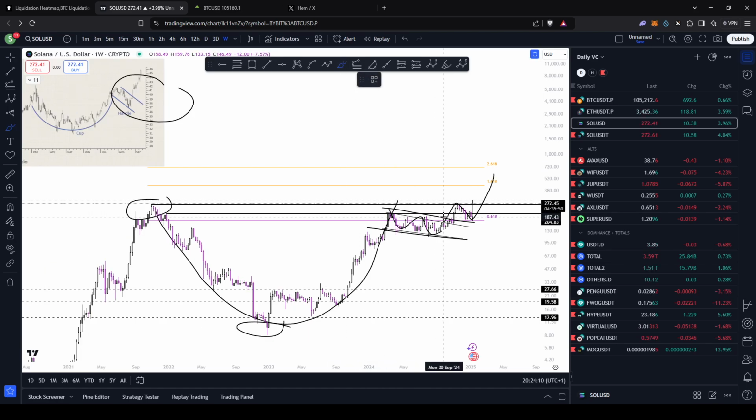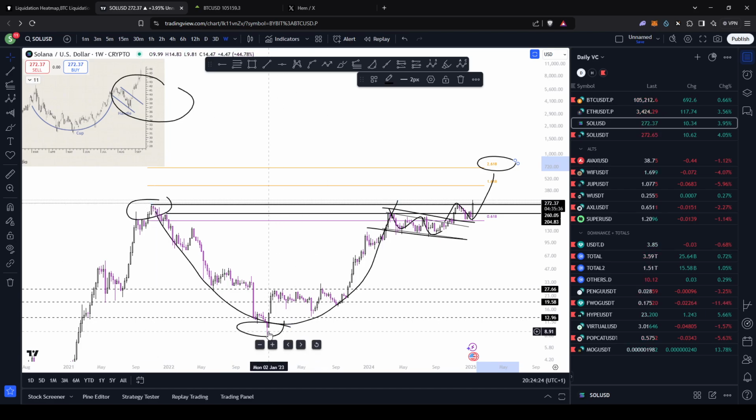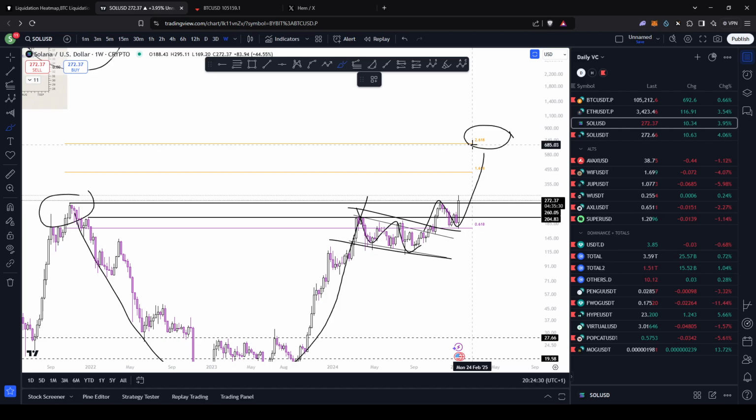So it's very common for us to push to the 2618 higher time frame fib in a bull market. For us on Solana, from bull market highs of 2021 to bear market lows of 2022, your 2618 is sitting at 698.